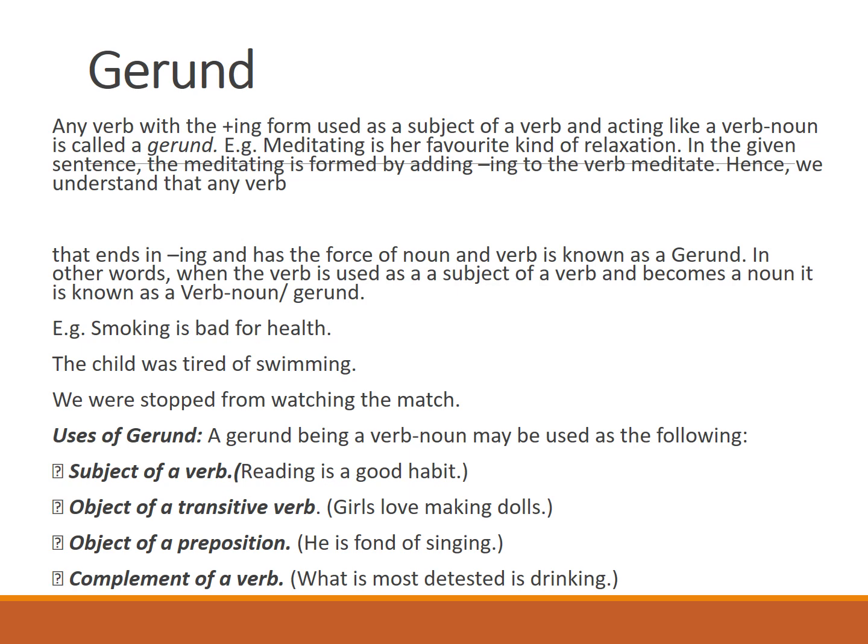In other words, when the verb is used as a subject of a verb and becomes a noun, it is known as a verb noun, gerund. For example, smoking is bad for health. The child was tired of swimming. We were stopped from watching the match.